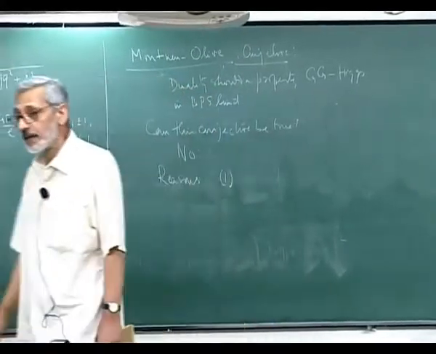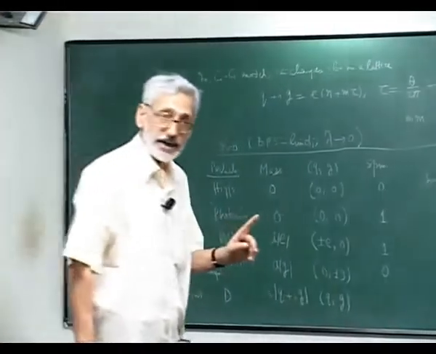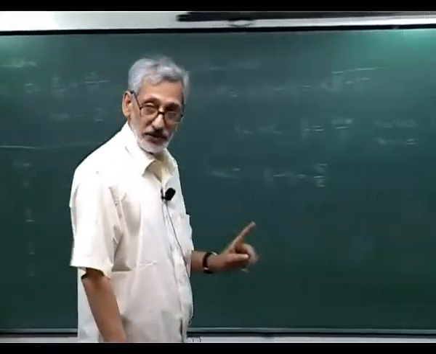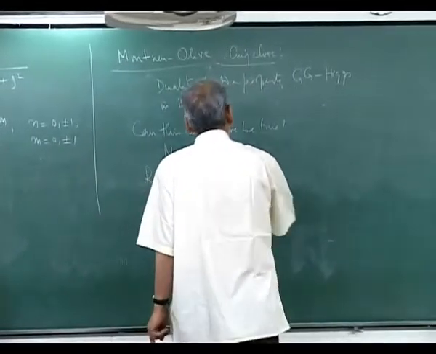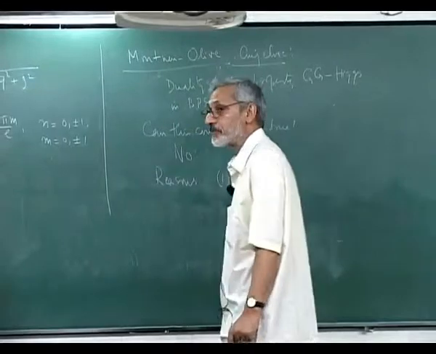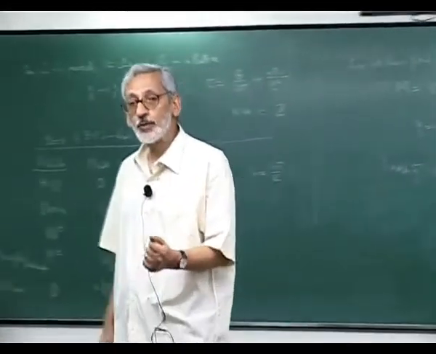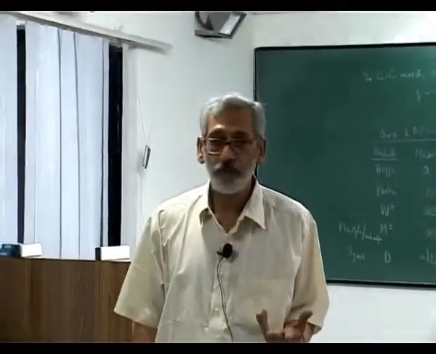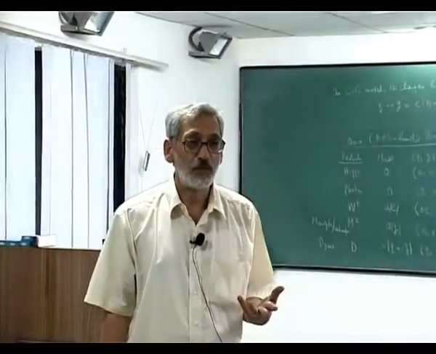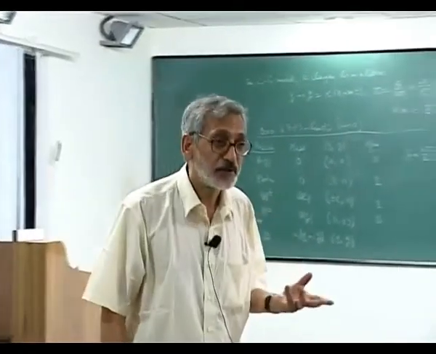Number one, for this duality to be true, an important ingredient is the BPS limit. That is the lambda going to 0 limit. Can I maintain lambda to be 0 even quantum mechanically? The answer is no. Generically, no. In very special circumstances, maybe yes.